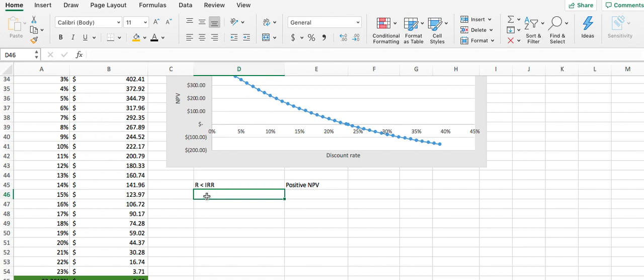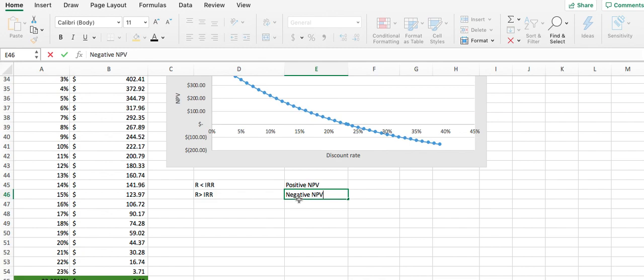Okay. So if the rate is greater than the internal rate of return, we would have a negative NPV.